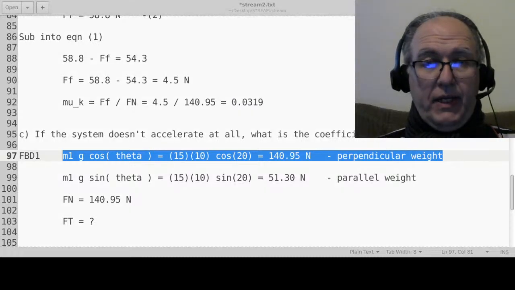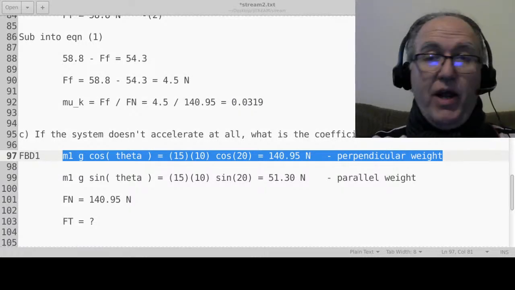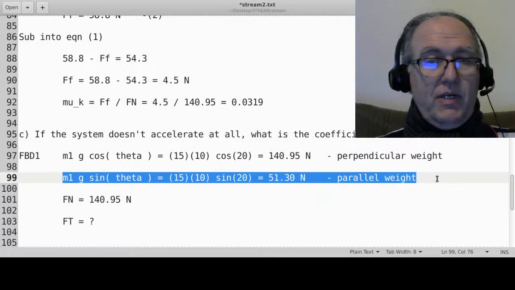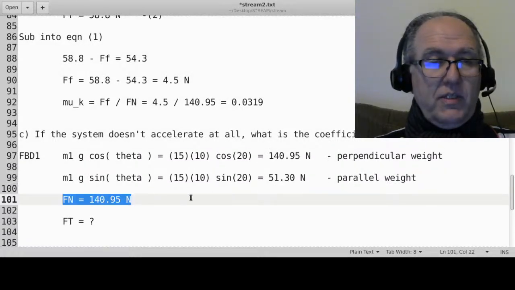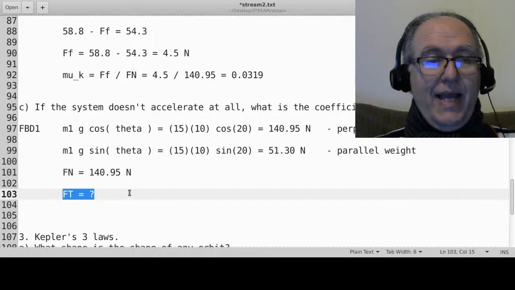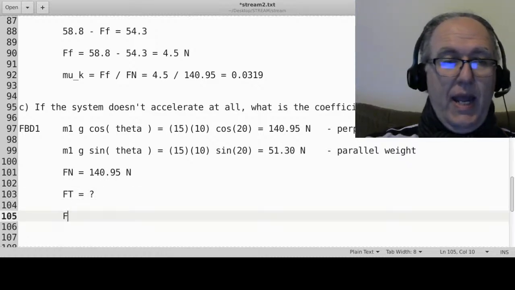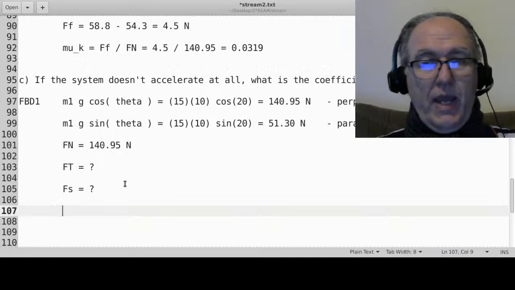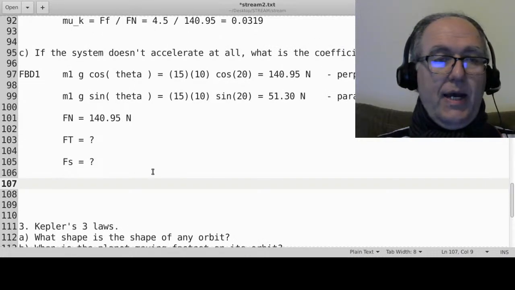The perpendicular component is still in the same direction, same value, and so on. The parallel component is still the same. The normal force is still the same. The tension is still unknown, and the force of static friction, which we've been using Fs for, is also unknown. Okay, and there you go.